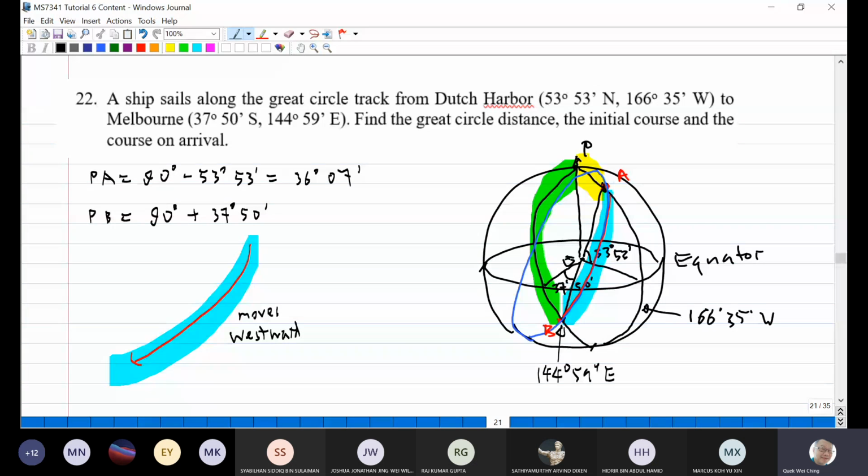For Melbourne, this time you get 127 degree, 50 minutes. Okay, so this is the first setup. This time there is no 90 degree now, so you don't need the Napier rule. Let me WhatsApp this to you.